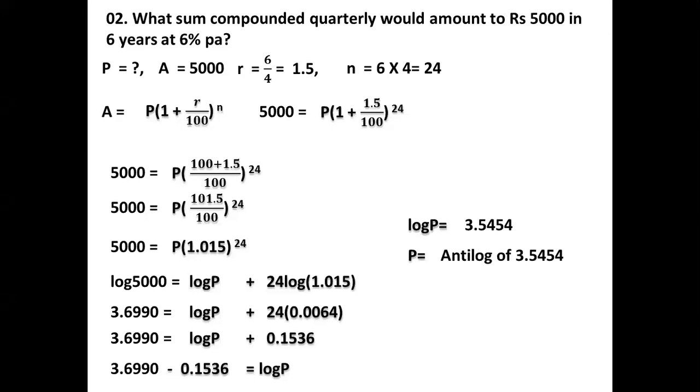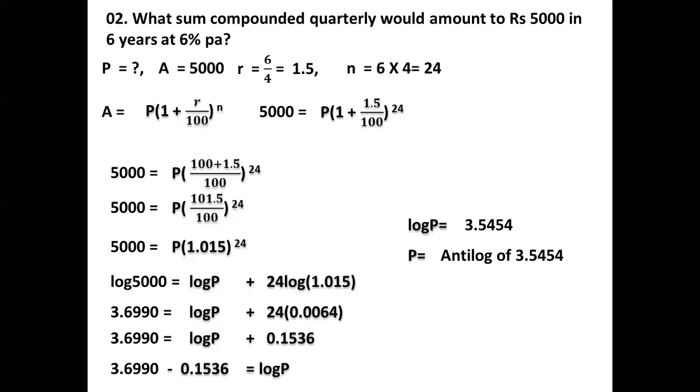So P is equal to the antilog of 3.5454. Then you see the antilog table. In the antilog table, 54 in the natural number column, 5 in the mantissa column, then 4 in the mean difference column.